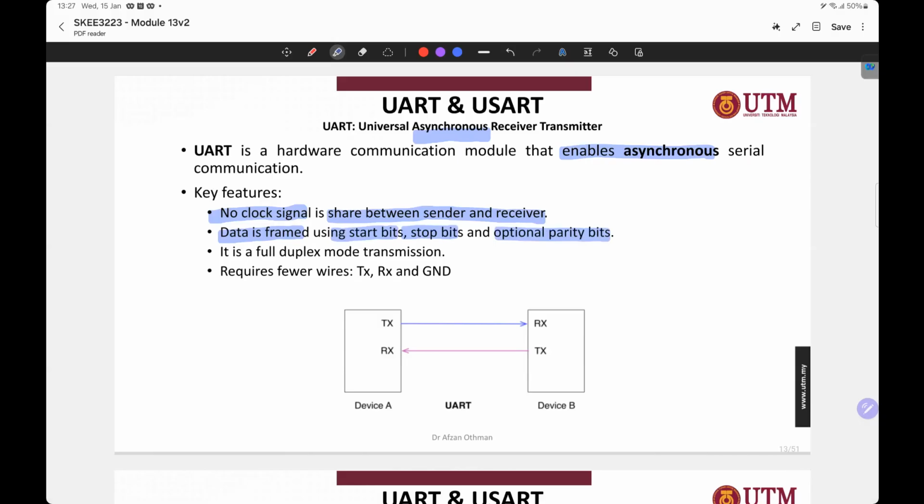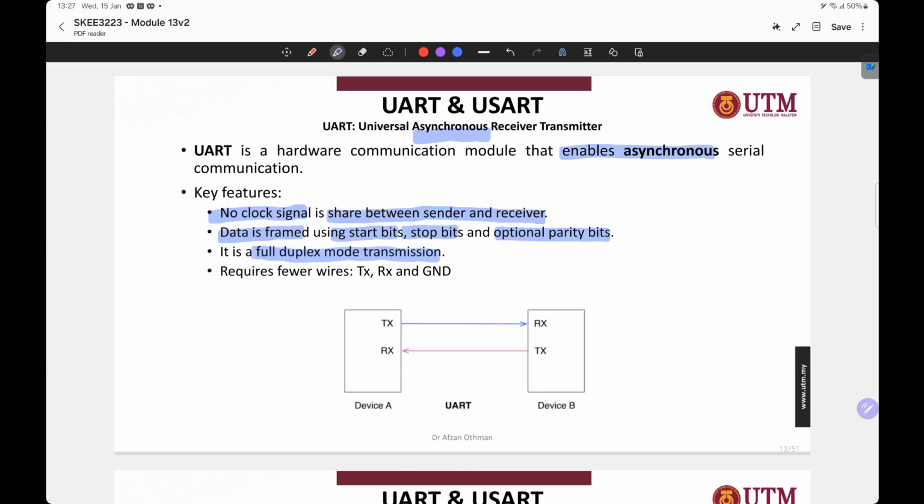Your data will be encapsulated using the start bit to indicate that the transmission is starting. Then if you are going to check for errors, you can put the parity bit inside the data. And when the transmission ends, you need a stop bit to indicate that the transfer is complete.